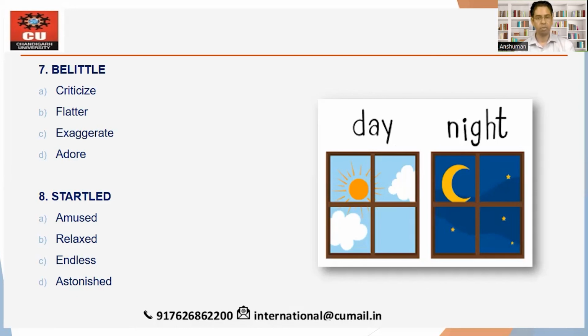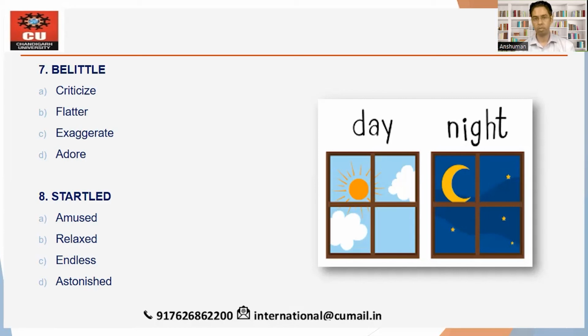And if we see option C, exaggerate, it is the antonym of belittle, because exaggerate means to overtell a particular thing in a story or other way. Hence, the answer to question number 7 is option C.